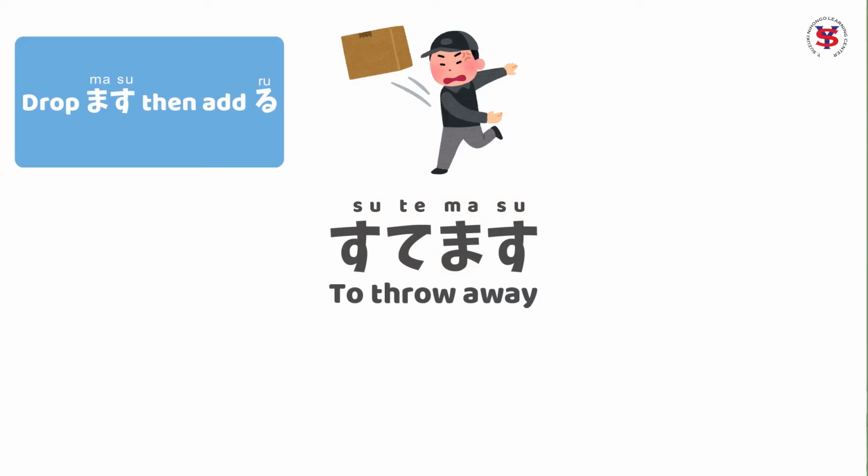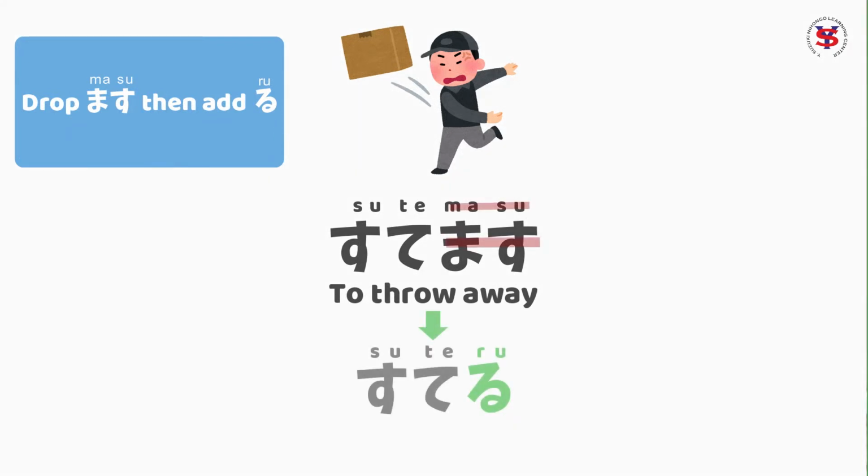Gaya nga ng sinabi natin sa mga nakaraang lessons natin, itong group ay madali siyang i-conjugate. Why? Because all we have to do is drop masu and add ru. So basically with a word like stemasu, to throw away, sundan lang ang rule ng conjugation sa group na ito.